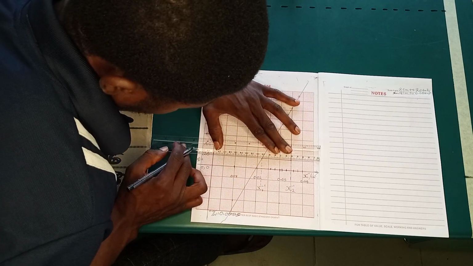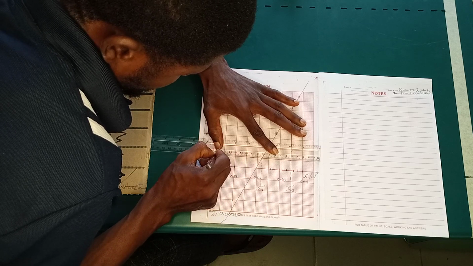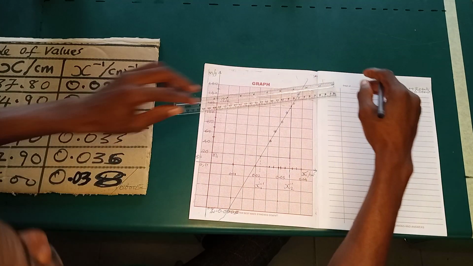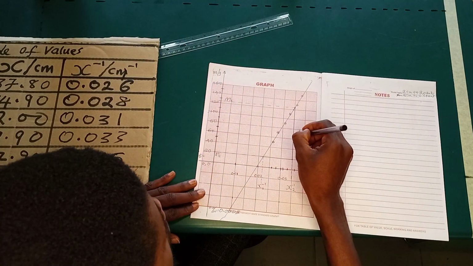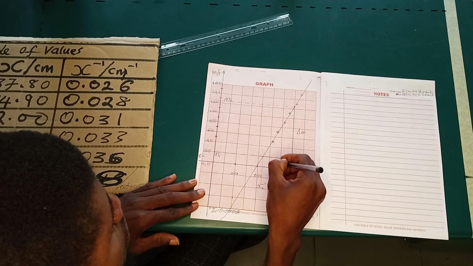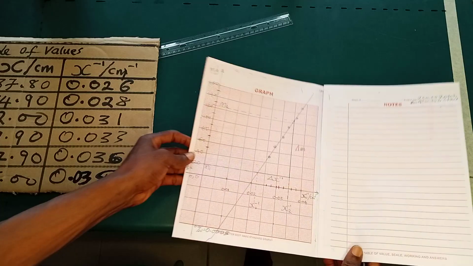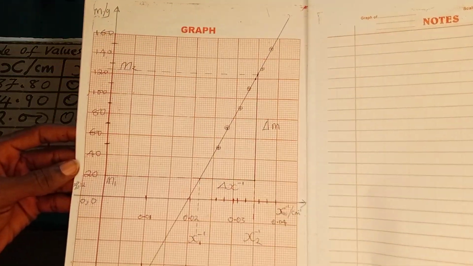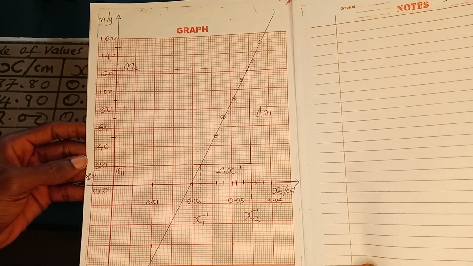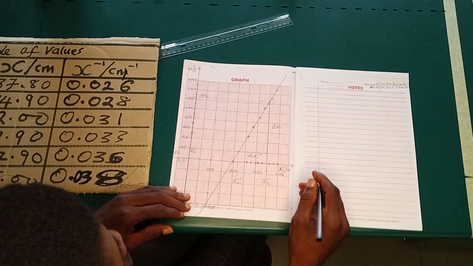Then this line, this bold line, dot, and this is your M1. So here is your change in M, and here is your change in x inverse. Something like this. Lovely. The next thing is to calculate for the slope.